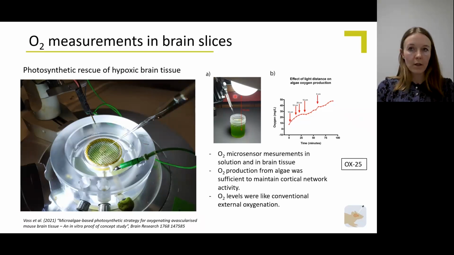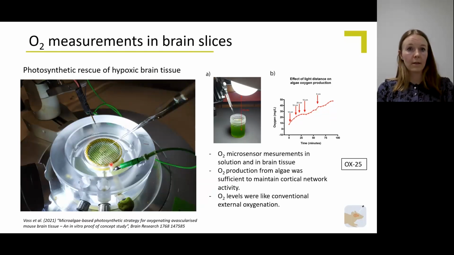The oxygen sensor was used to look at the oxygen production from algae, and they optimized the distance of the light. They then submerged brain slices into this algae culture, and they used the oxygen produced from the algae to keep the brain slices alive.